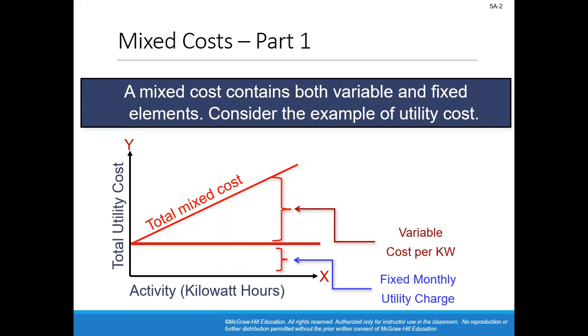So if you use 500 units, or if you use 700 units, you will see that for the variable portion, the utility bill will change. So we see that in a single cost there is an application of both fixed and variable elements.